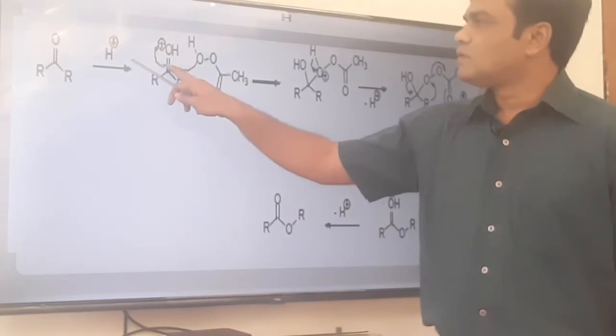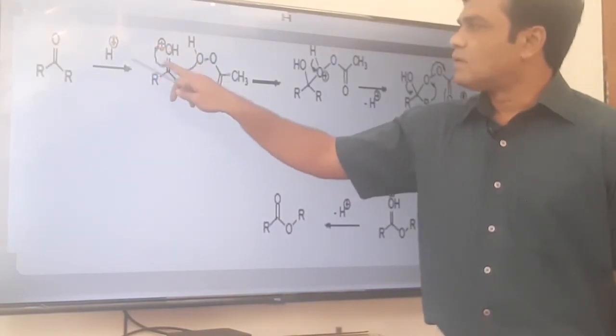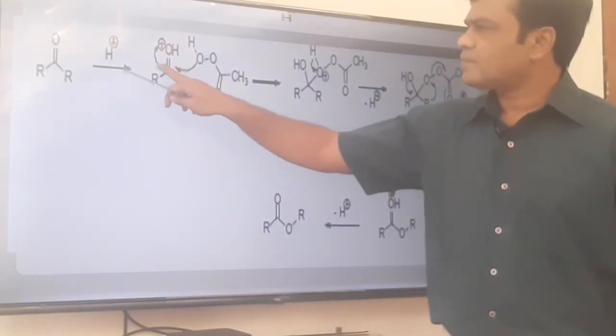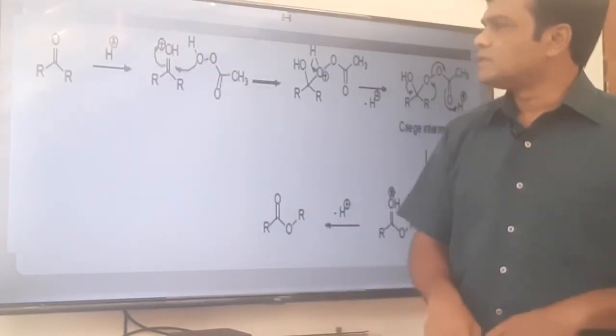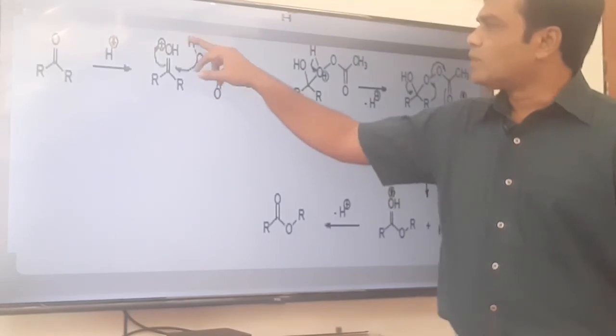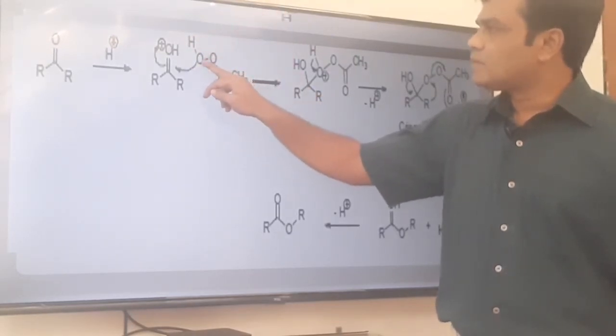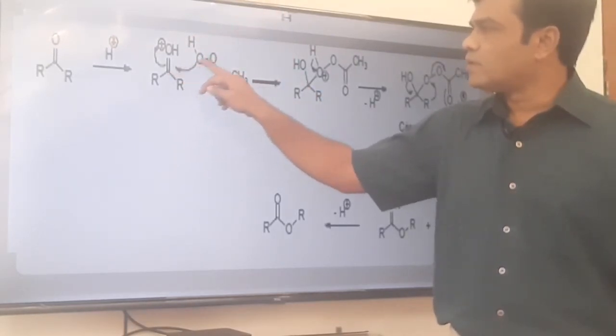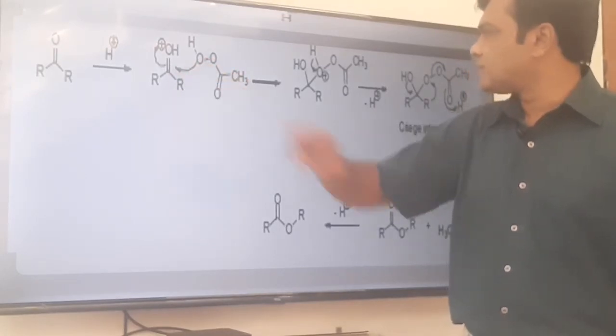So when this oxonium ion is formed, now the oxygen gains its lone pair, pi bonded electrons are open on the oxygen, carbonium ion formation. Now here ionization takes place, deprotonation, oxide ion formation. Now the bond formation takes place between this O and the carbonium ion.